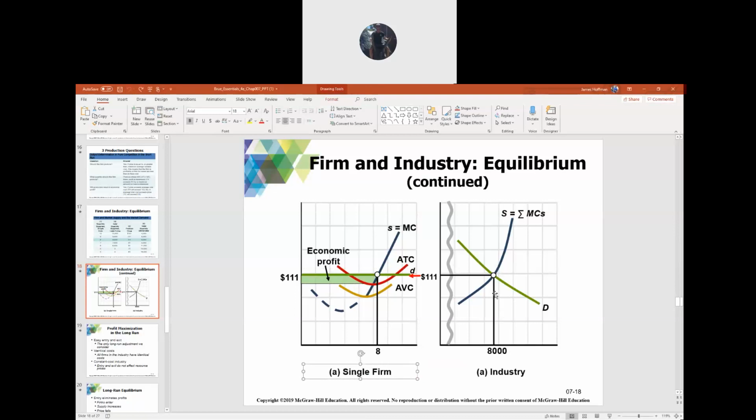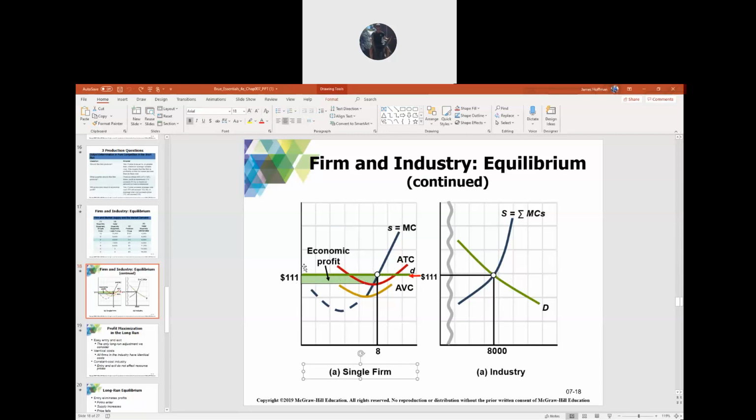This panel is for the market as a whole, or for the industry. So for the single firm, they're a price taker at that horizontal demand curve. But in the long run, this is the supply curve. It can change. So in the long run, the demand can go up or down, and supply will respond accordingly.